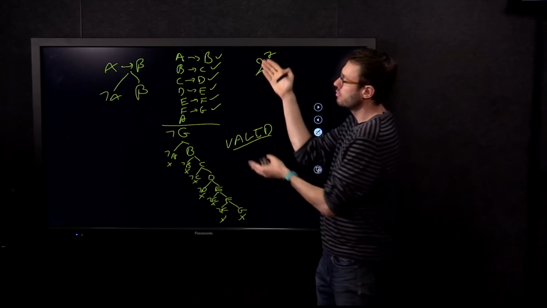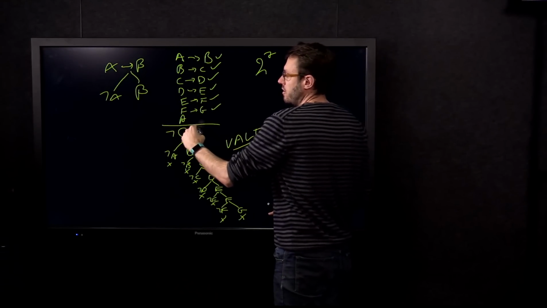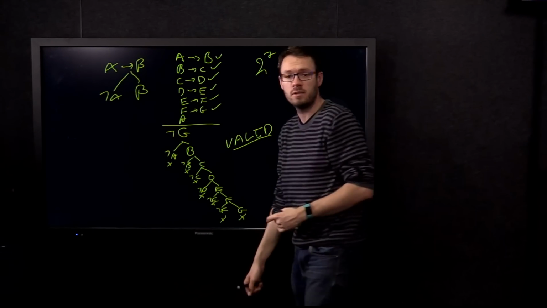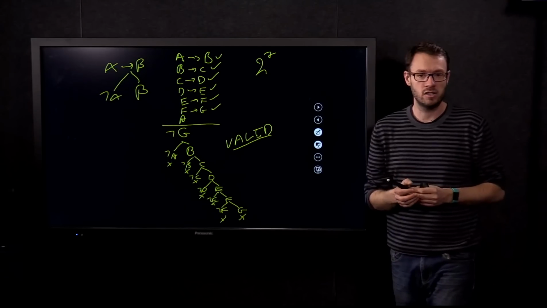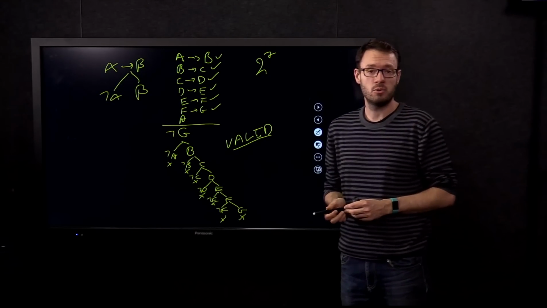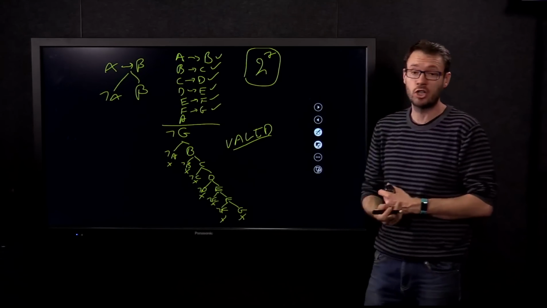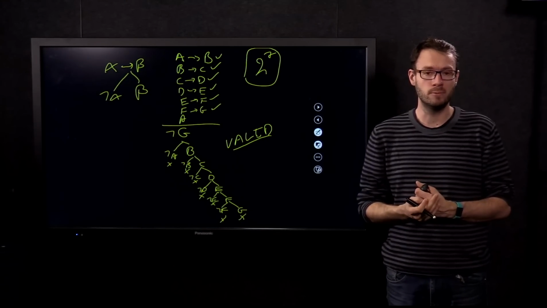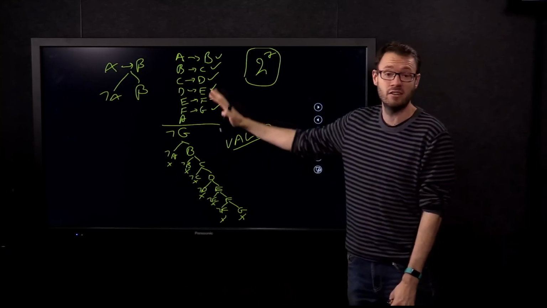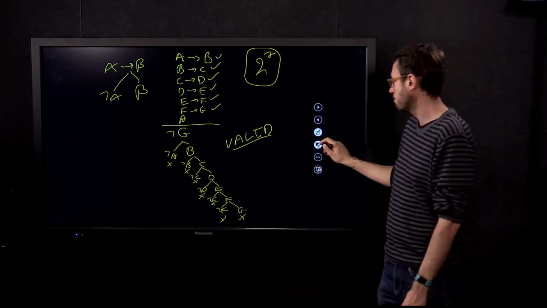It's actually impossible for the premises to be true and the conclusion false, because if we assume that the premises are true and we assume that the conclusion is false by assuming that the negation is true, then we get to absurdity, and so we reject that initial assumption, which means that we get out the result that the argument is valid. And notice that this was a lot shorter than doing 2 to the power of 7 lines inside a truth table. So this is the real gain in efficiency that you get from using this truth tree system.